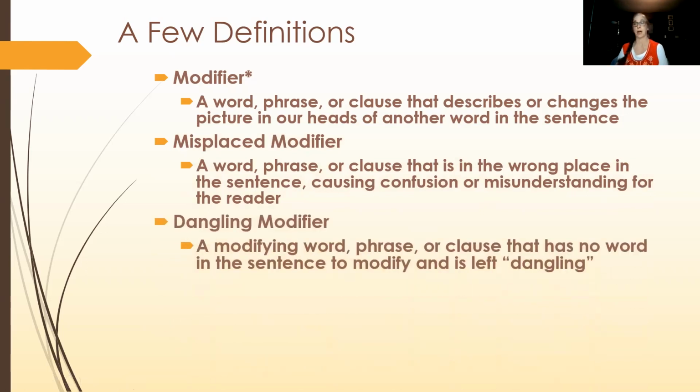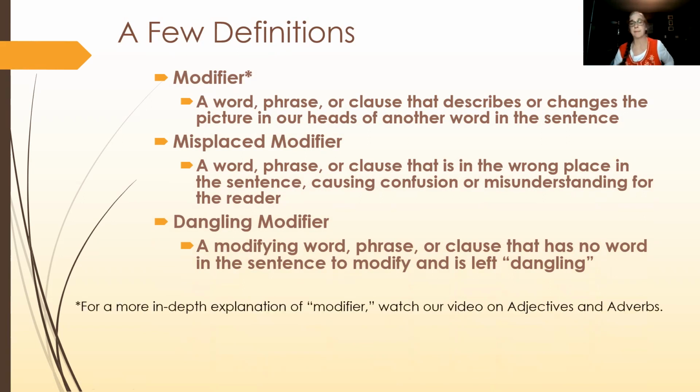A dangling modifier, and this is the one that's a little confusing, but that just means that the modifying word, phrase, or clause has no word in the sentence to modify, so it's just dangling there with nothing to attach itself to. And for a more in-depth explanation of modifier, watch our video on adjectives and adverbs.